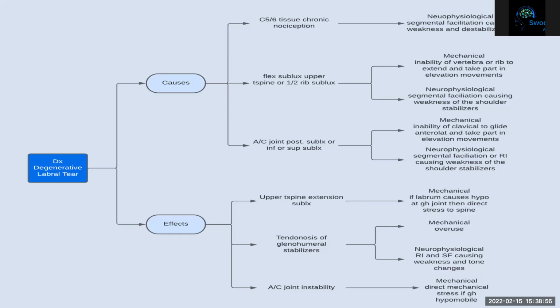So this can be caused by mechanical stress, inability of the vertebra or the rib to extend and take part in elevation movements. As I say, it's got to be able to play its role. If it can't play its role, then there's more stress applied to the other tissues, which could be the labrum. Or this can be neurophysiological, segmental facilitation from pain there, and also a sort of secondary reflex inhibition from the dysfunction at these joints, causing weakness of these muscles.